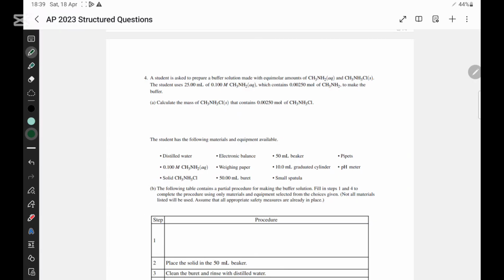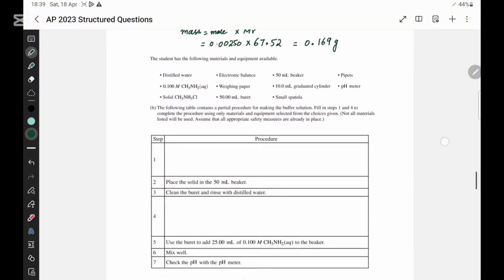So we have moles, and mass is equal to mole times Mr. Mole is 0.00250, and Mr of CH3NH3Cl is going to be 67.52. So our answer comes out to be 0.169 grams.